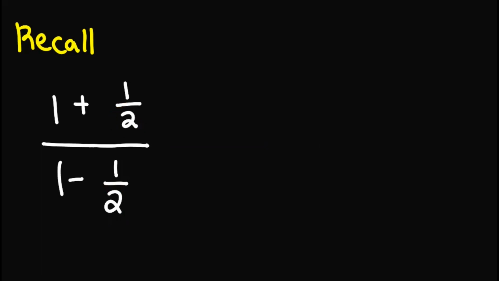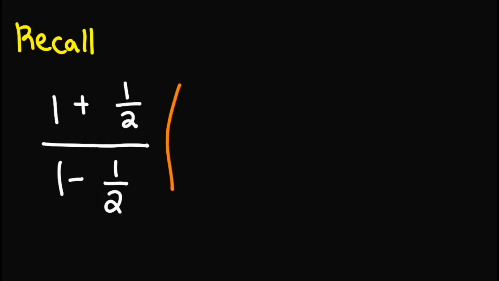So recall that to do that, what we do is we multiply by the LCM of the denominators present. In this case, if we write 1 as 1 over 1 and 1 out here as 1 over 1, then the LCM of these denominators is simply 2.